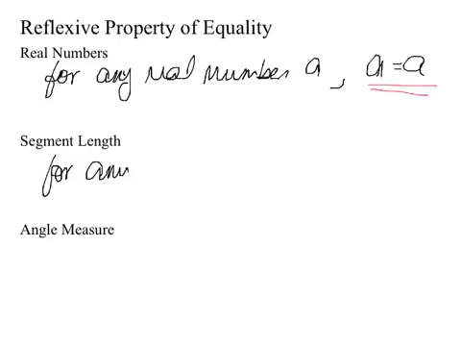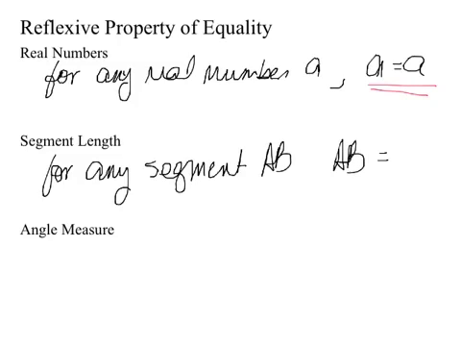For any segment AB, AB equals AB. And when we talk about segment lengths, there is no line over the top.